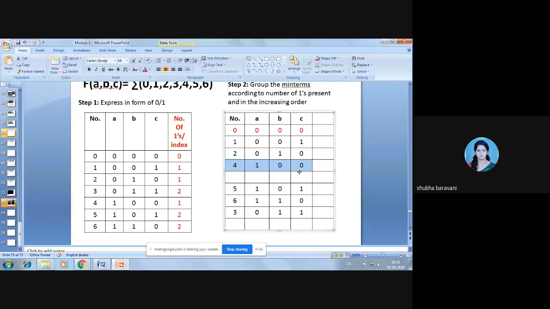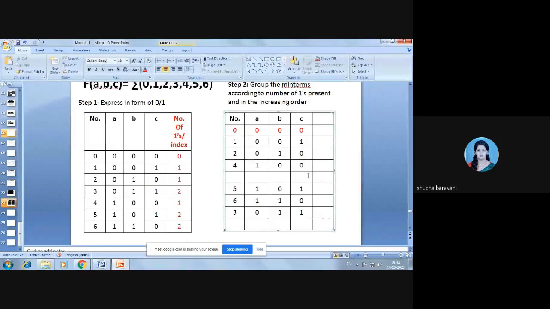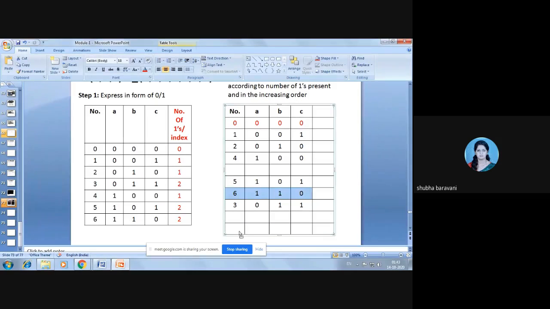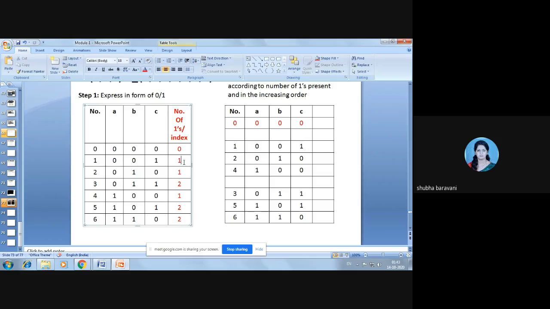So 0 has 0 ones, and that is one group. The min terms with index 1 are 1, 2 and 4.